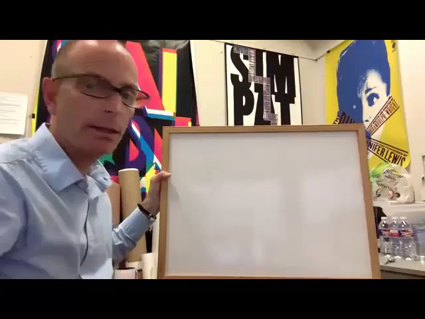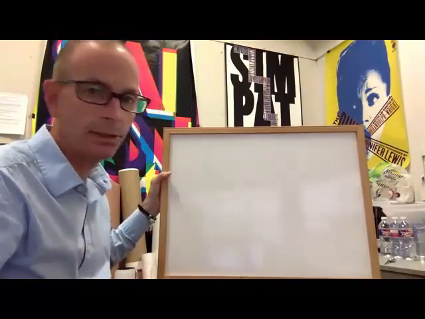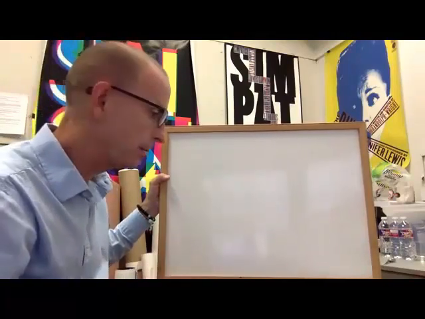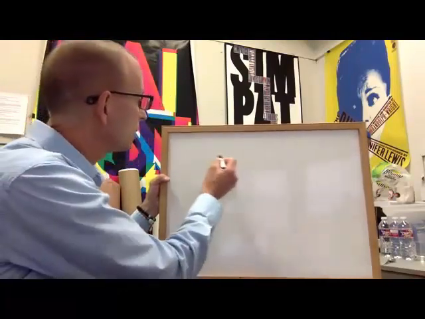So the idea with line is that you can join elements or divide them, using a rule.